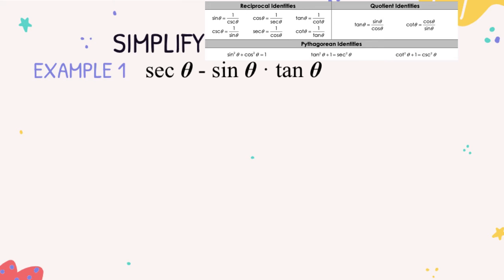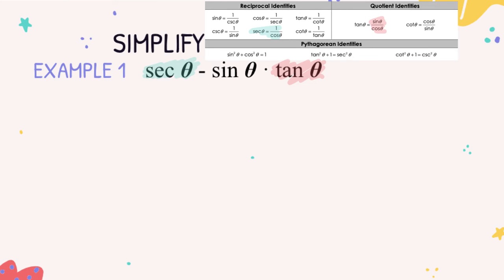So I'm going to look up here at secant first, and I notice that secant equals 1 over cosine. And I also am going to take a look at tangent, and I notice that tangent is sine over cosine.